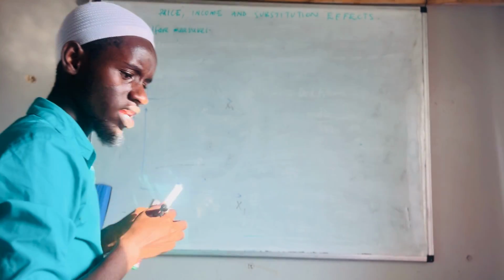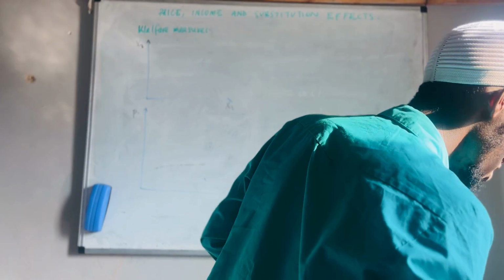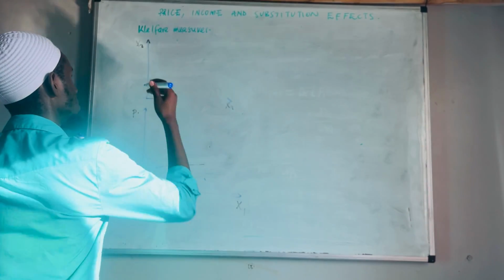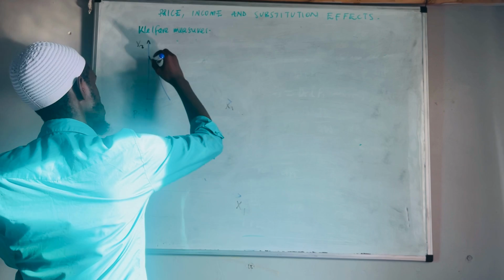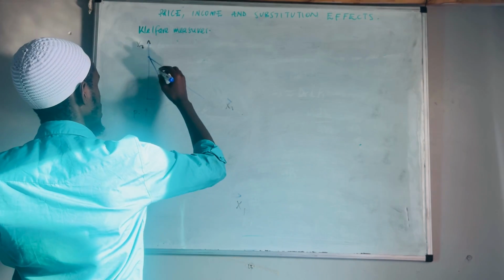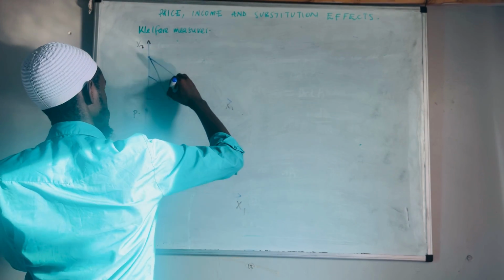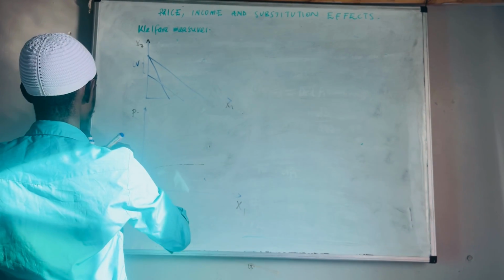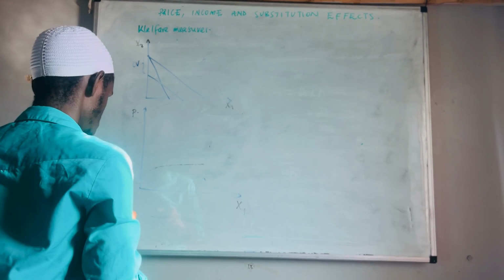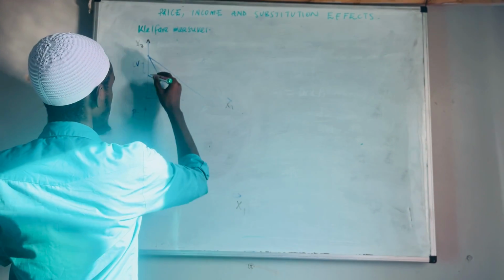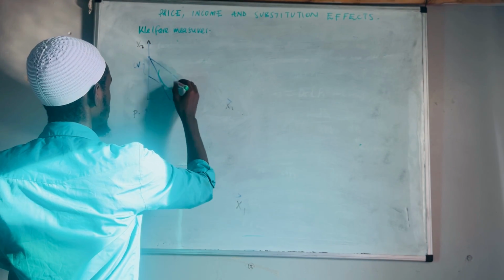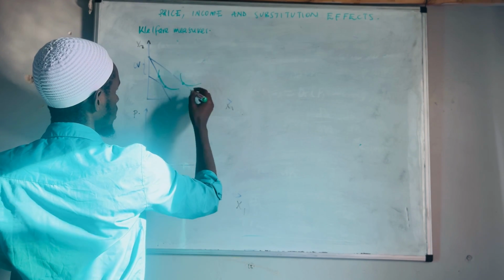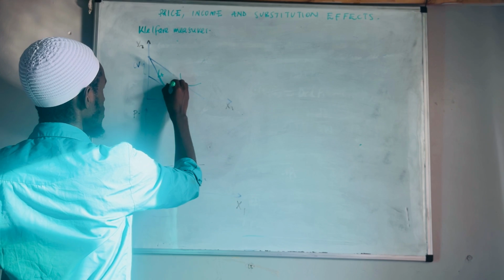We are taking a price decrease, where we shall always move outwards. Originally we shall move outwards like this, and then we shall have another budget line, which is our compensating variation. Our indifference curves will be in that form, with point A, point B, and then point C outside here.